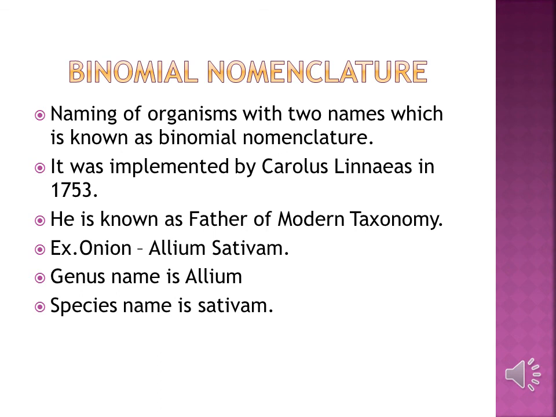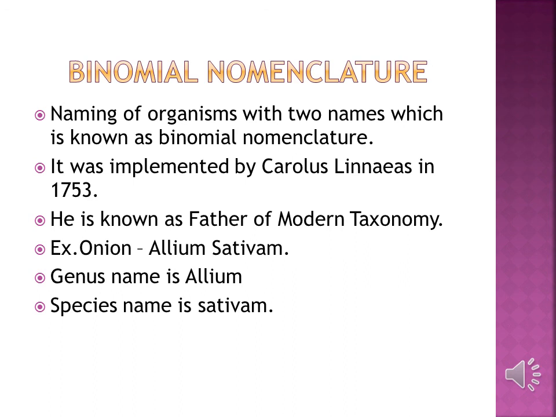Now let's move on to the next topic, which is binomial nomenclature. What is binomial nomenclature? The system of binomial nomenclature was introduced by Carolus Linnaeus. Multiple local names make it extremely difficult to identify an organism globally and keep track of the number of species.